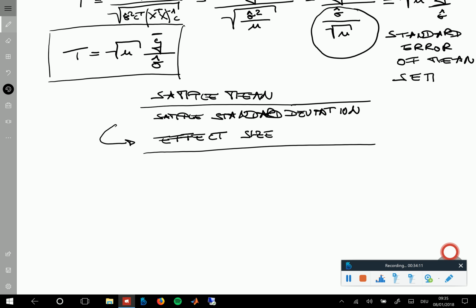You can also consider this the effect that the value of x has on y, because the steeper it is, the stronger y changes as a function of x.